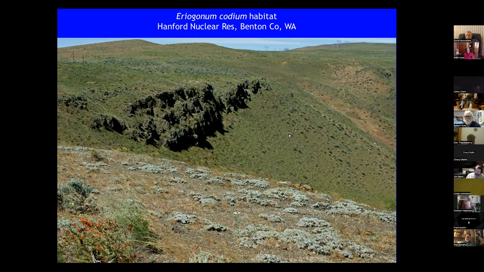They are trying to get this plant established in different areas. They have a nursery up in Chelan County that's rearing small plants of codium so that they can try to grow them in other areas. And David James is actually working with them. This is in the Cowiche Reserve.